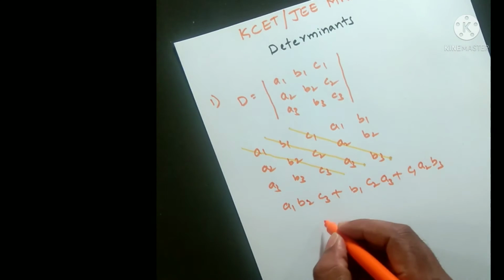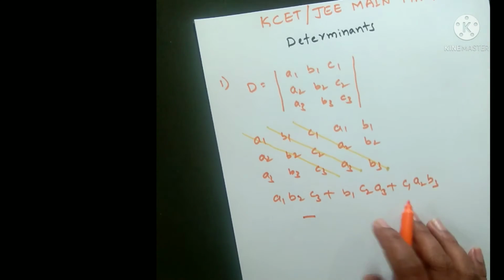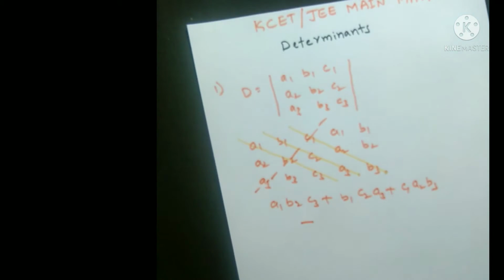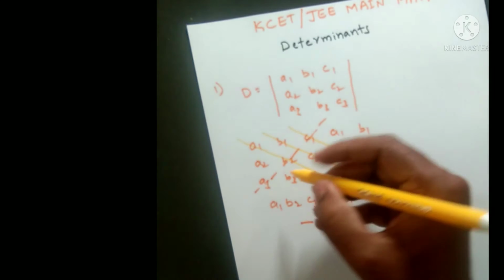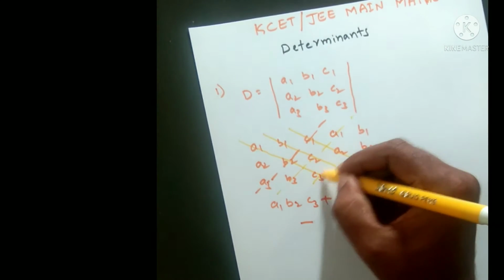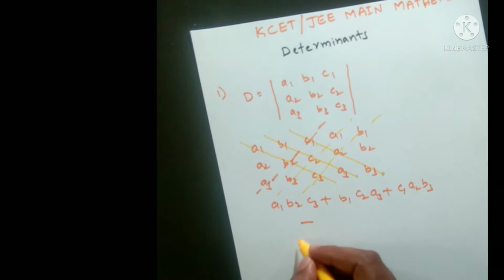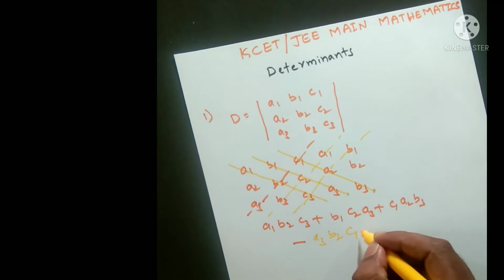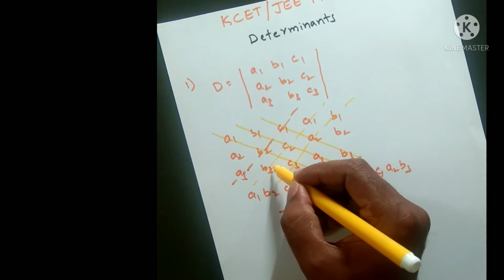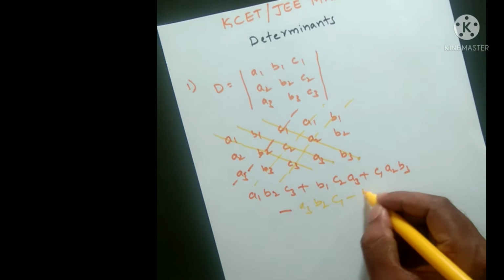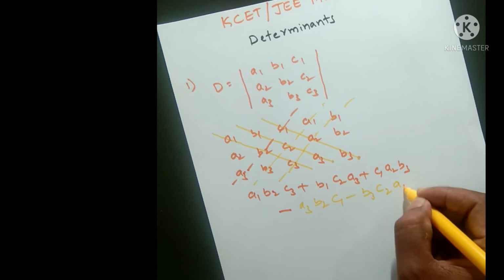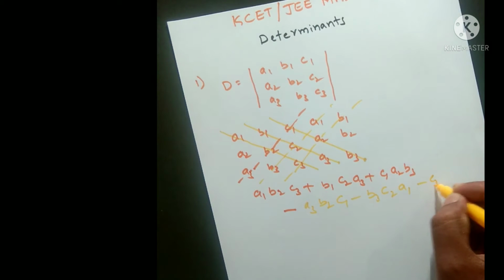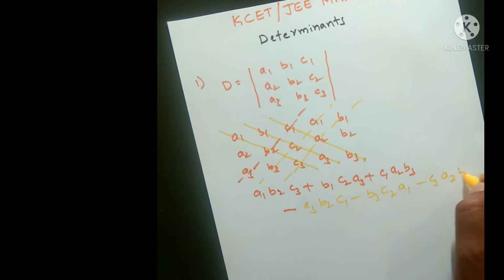Now minus the sub-diagonals: minus A3, B2, C1, minus B3, C2, A1, minus C3, A2, B1.